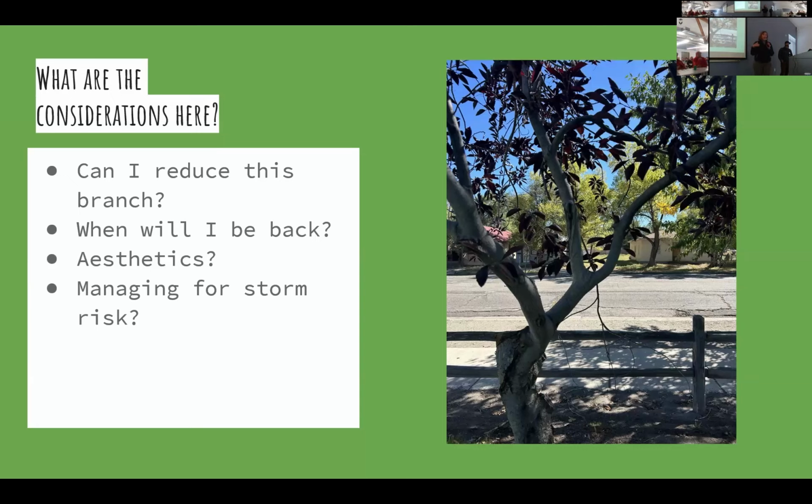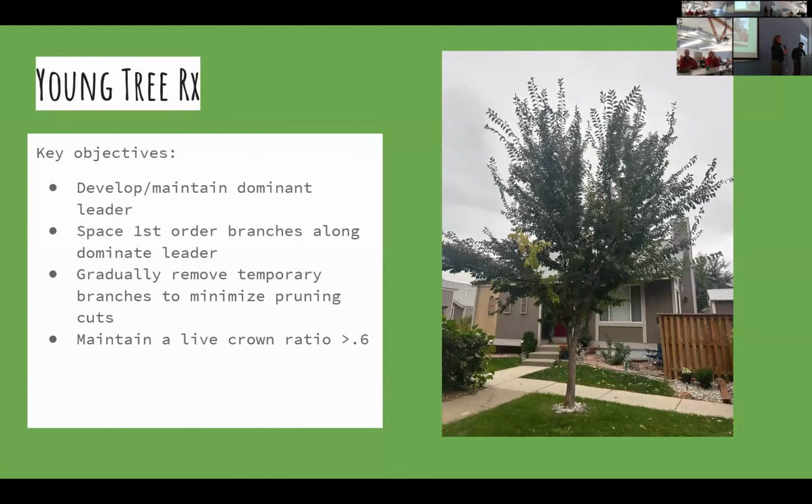I'm on a 2-year contract with the city of Alamosa, so I'm probably not going to come back to the tree. Aesthetics, it looks weird. Managing storm risk. I don't know about you, but after that first heavy snow, the choke cherries are the ones that I always see that are torn up. So don't hate me.